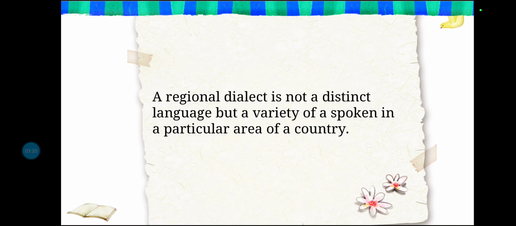And then we have another language variety, the regional dialect. So what do we mean by regional dialect? A regional dialect is not a distinct language but a variety of a language spoken in a particular area of a country.